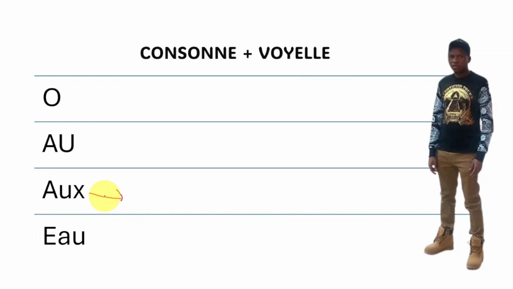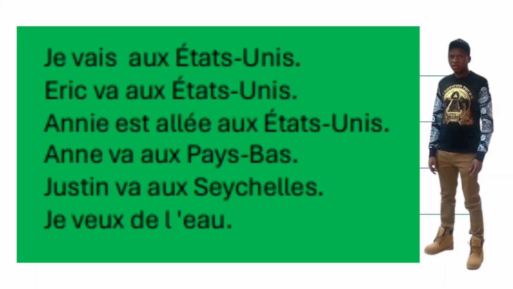However, be careful. We also use it for the island. It depends how we use them. If you use the country in the plural form, let's say United States, we say aux États-Unis. Je vais aux États-Unis. Let's say Eric va aux États-Unis.